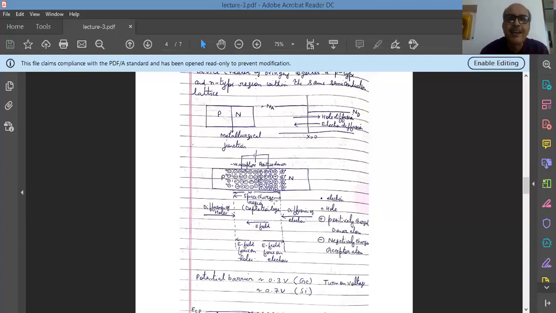You can see here when a positive charge would like to move from P side to N side, this electric field will exert a force in this direction. That means it will oppose the motion. And similarly, the electric field force on the electron will also be opposite. It is from P to N because the electron has a tendency to diffuse from N to P.